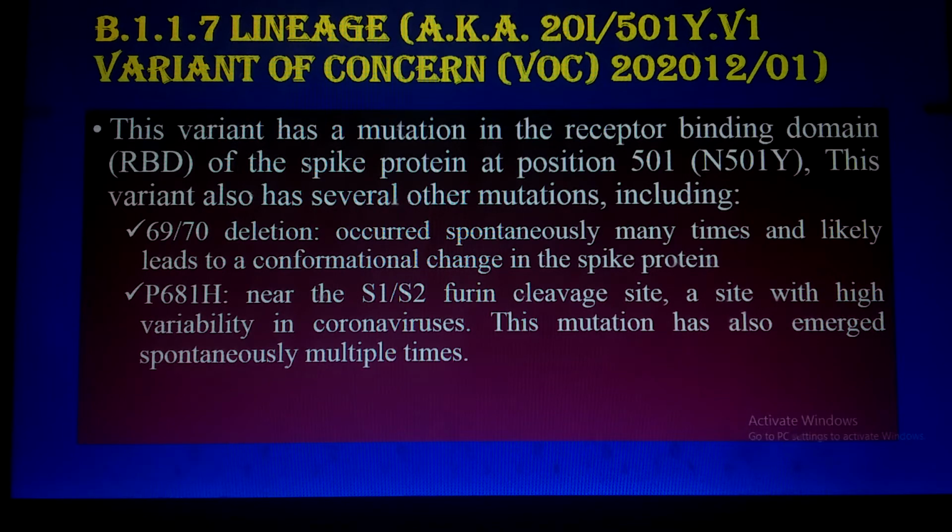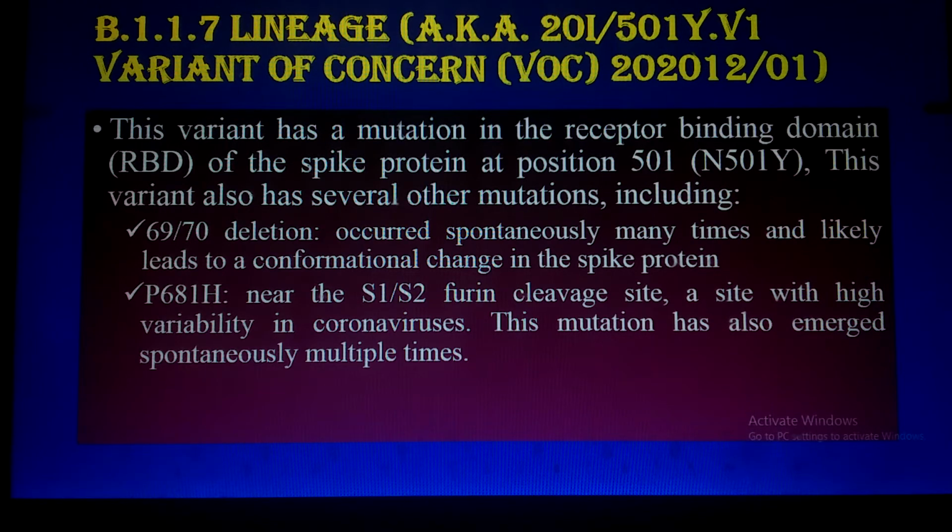This variant also has several other mutations, including 69/70 deletion, which occurred spontaneously many times and likely leads to conformation changes in the spike protein, and P681H mutation near the S1/S2 furin cleavage site.